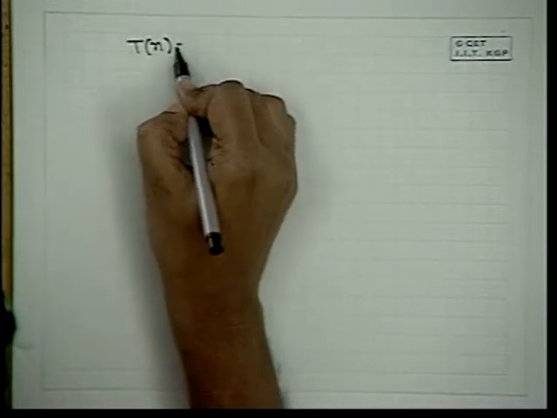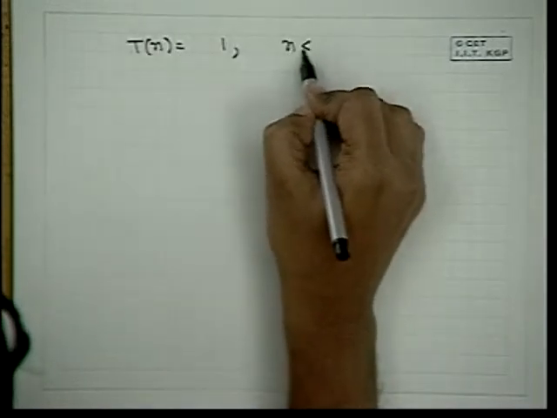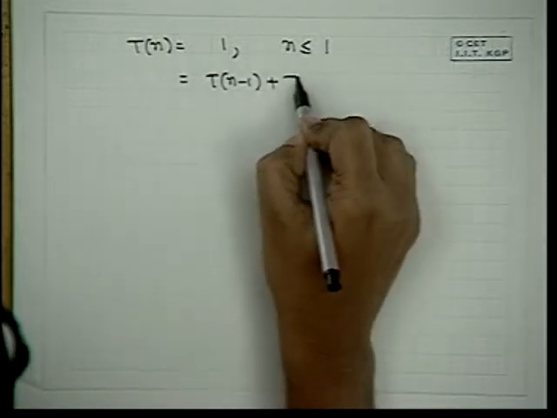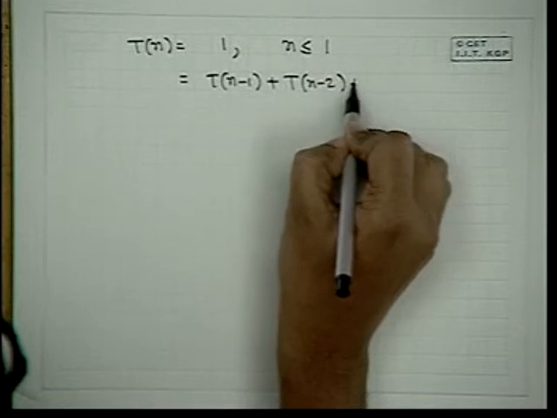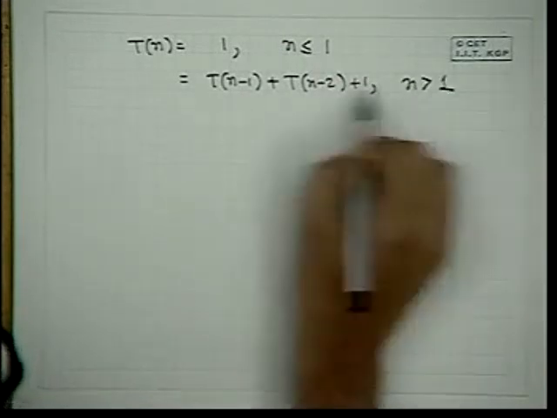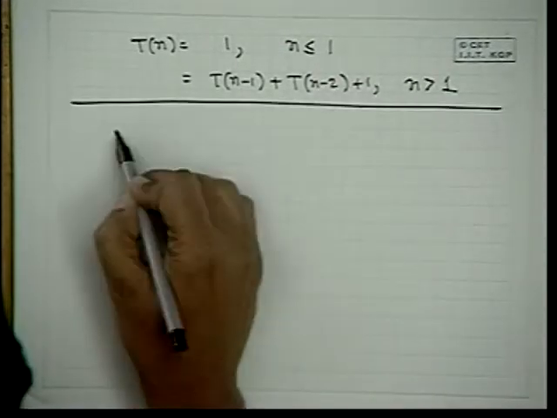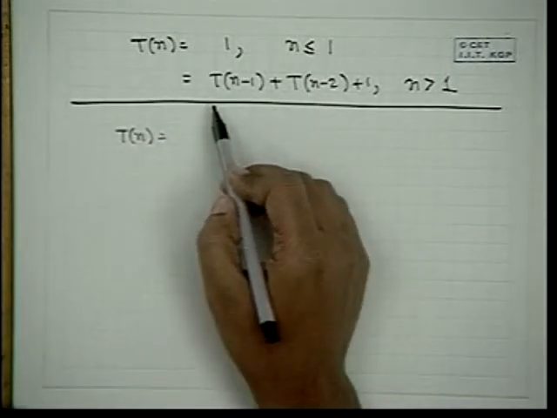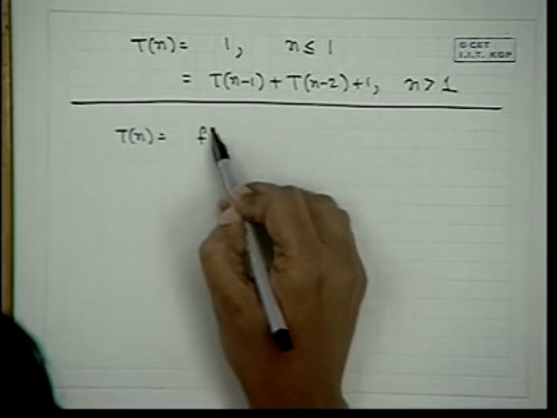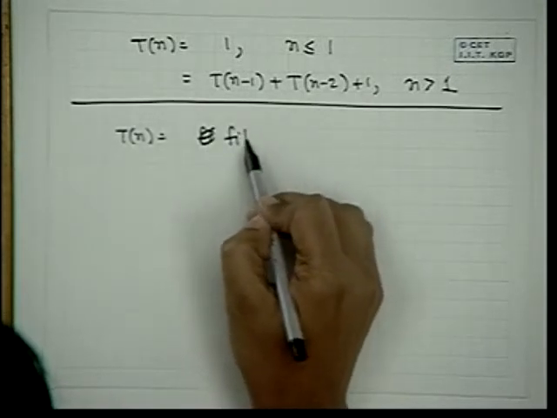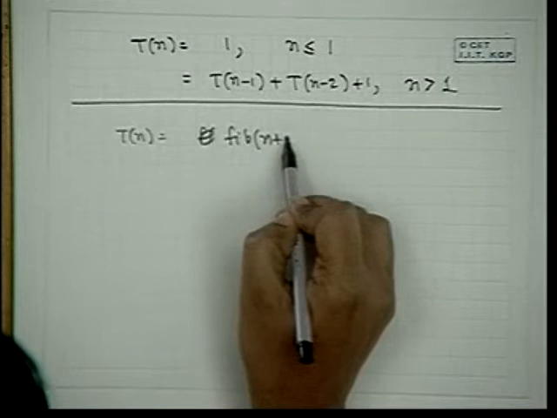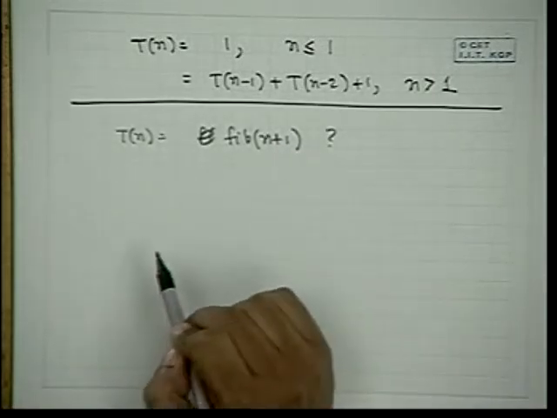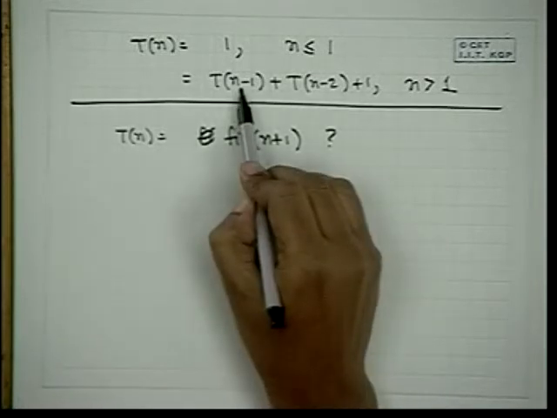Is Tn equal to Fib n plus 1? How will you prove this? Yes or no? How will you prove it? Substitute here by induction.